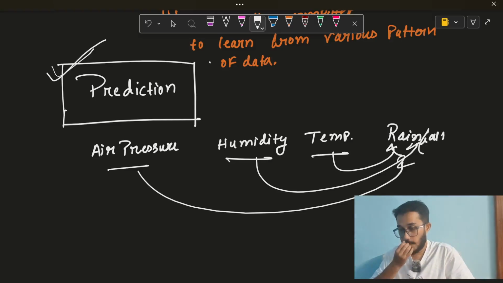Right? So now, how are they actually predicting? With geography? Yes, obviously they are using some geographical science. But have you ever imagined how geography is made?